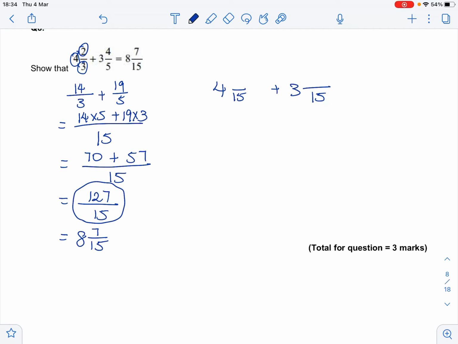Multiply 3 by 5 to get 15, so 2 needs to be multiplied by 5, which is 10. And from 5 to 15, multiply by 3, so 4 needs to be multiplied by 3. So this is 12. Then you add the whole numbers, which is 7, then add your fractions, so 10 plus 12, which is 22, and this is the same as 8 and 7 over 15.